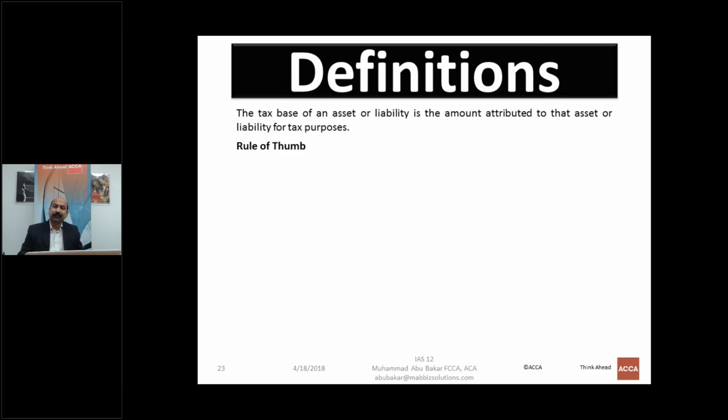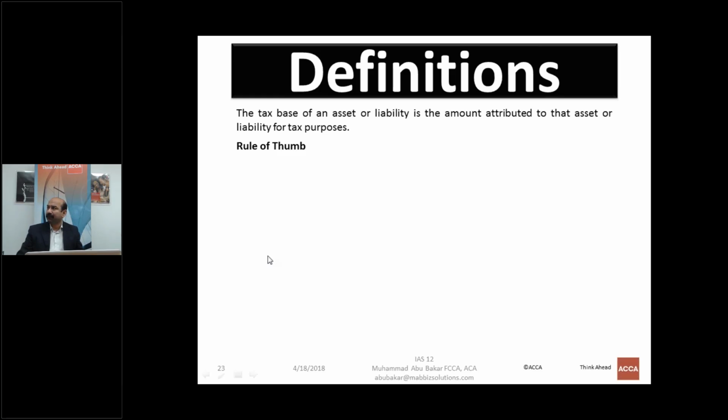If you just keep those rules in your mind, you can calculate the tax base for most of the assets and liabilities. And for the rest, which are not covered under these rules, you can apply the basic definition. The basic definition is simply to calculate that asset or liability by applying the tax law. That is the basic definition.